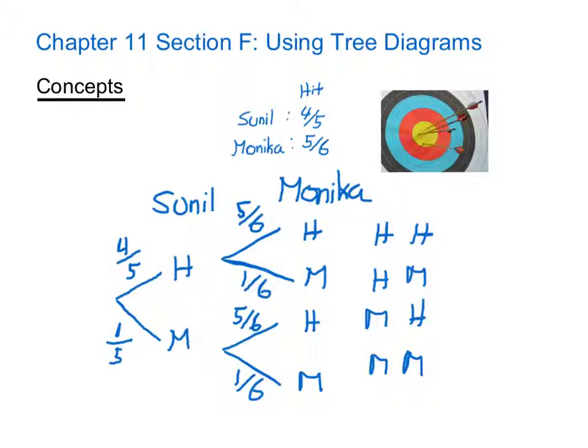These are our 4 possible outcomes. Now remember, in previous videos, we saw that the probability of 2 events really is the product of the individual probabilities. So to find the probability of both of the archers hitting the target, I can multiply along the probabilities along that branch. So in other words, 4/5 times 5/6.